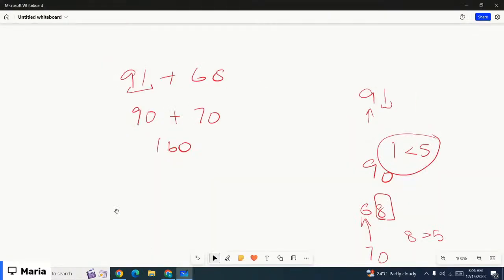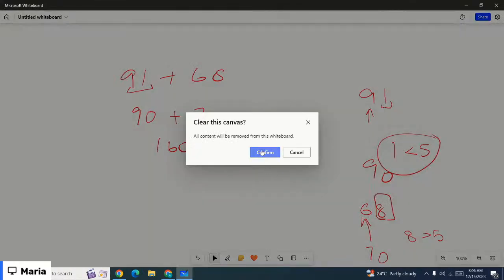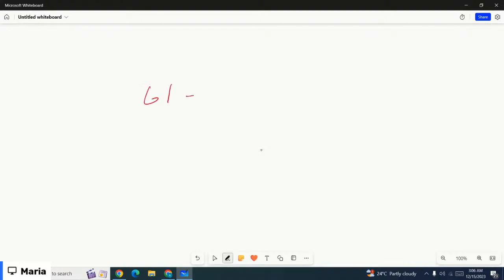61 plus 27. Just round them off. First, you have to round them to the nearest 10 and then add. Let's round off the numbers. 61 is rounded off to which 10? 61 is rounded off to 60.